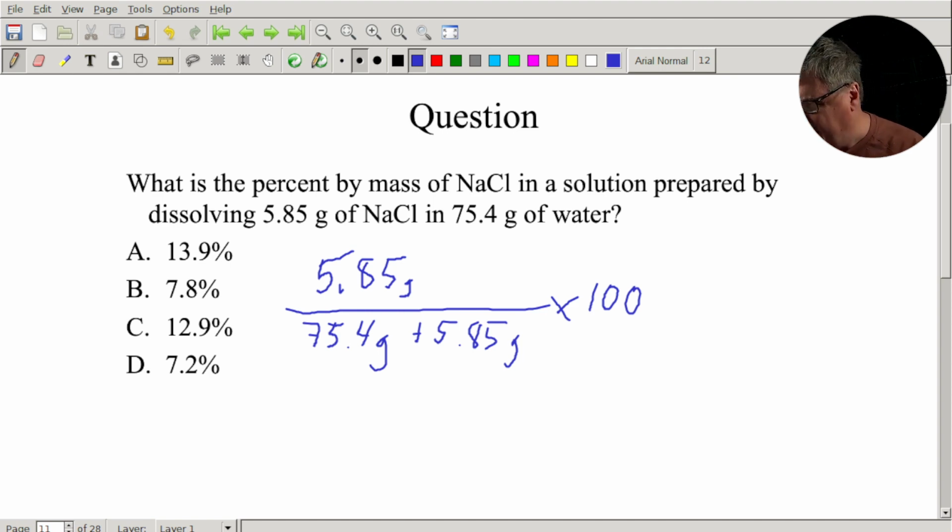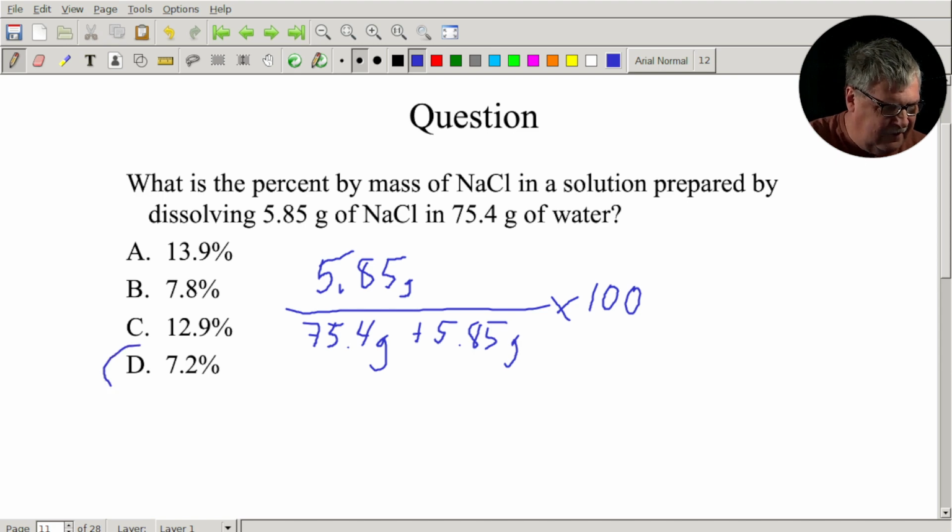So another way of thinking about it is if you want to save keystrokes on your calculator, you just divide 5.85 by 75.4 plus 5.85, and then you just slide the decimal place over 2 places to the right from your answer. So if I do that, yes, you got it. 7.2%.